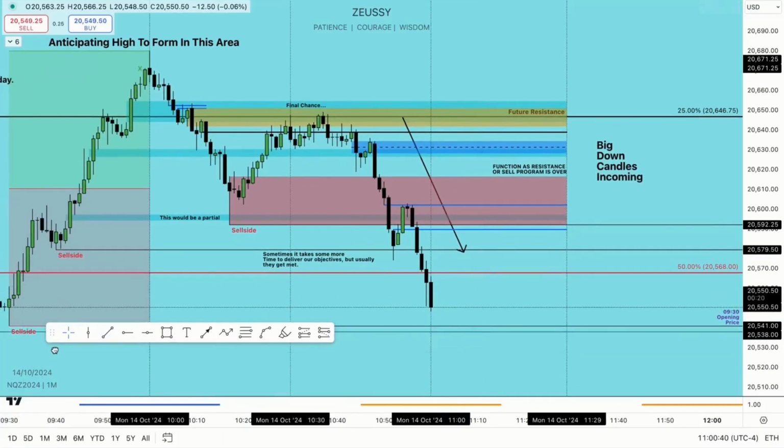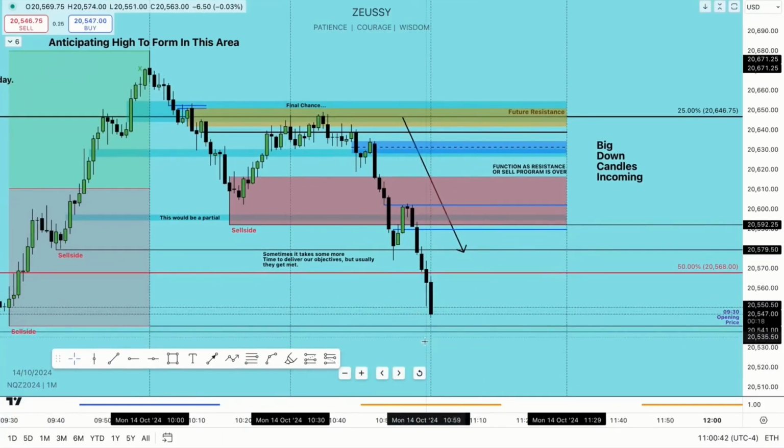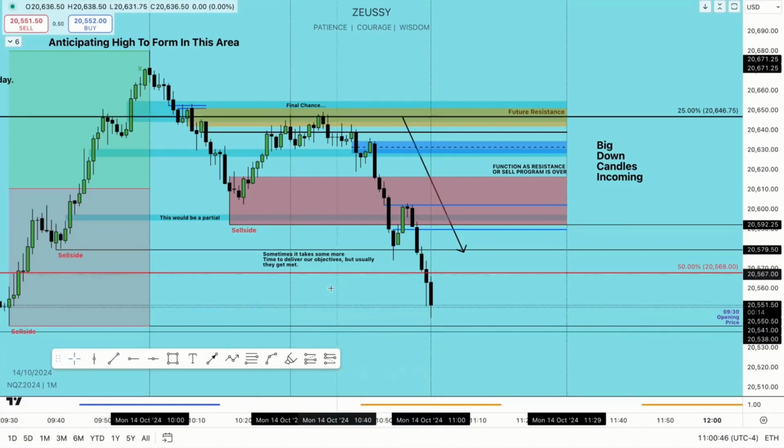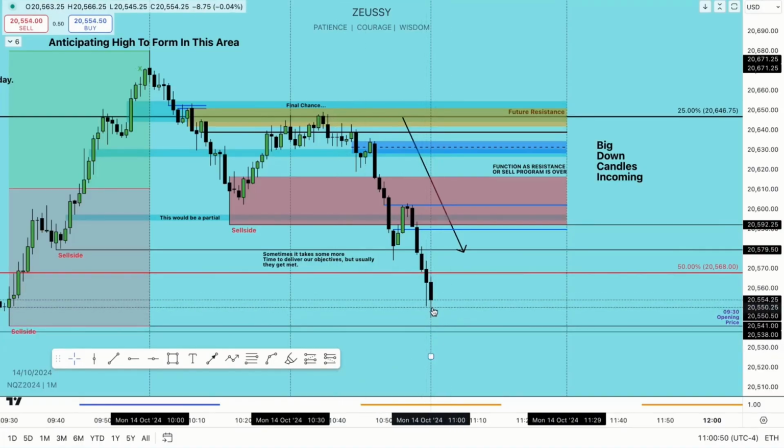So sell side liquidity below that 930 low is the first draw, or the next draw. How we trade at this 930 open price will be crucial moving forward. I don't want to see a rejection of this level taking place if the order flow is going to remain bearish.